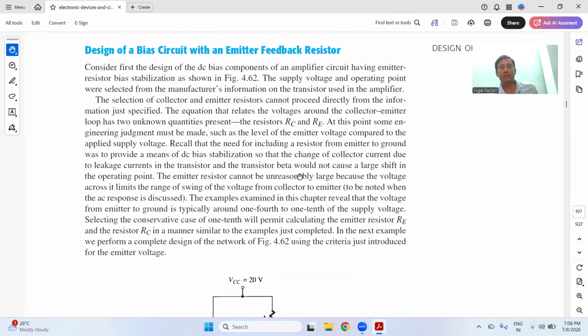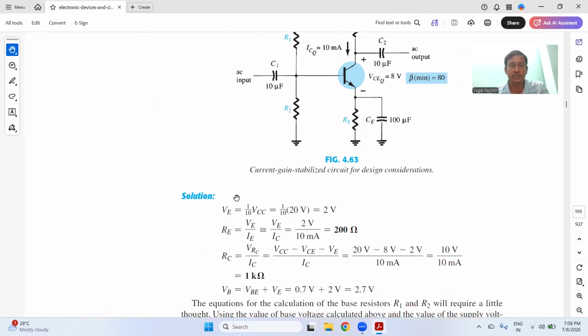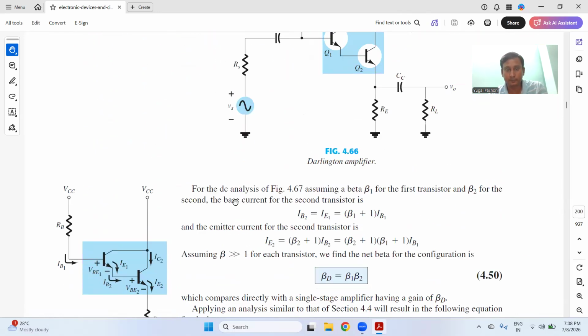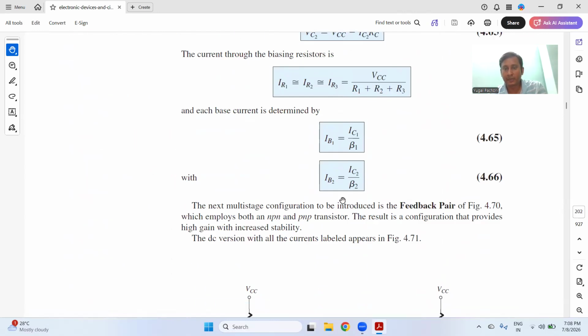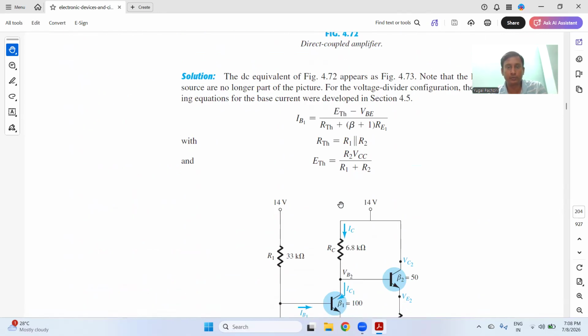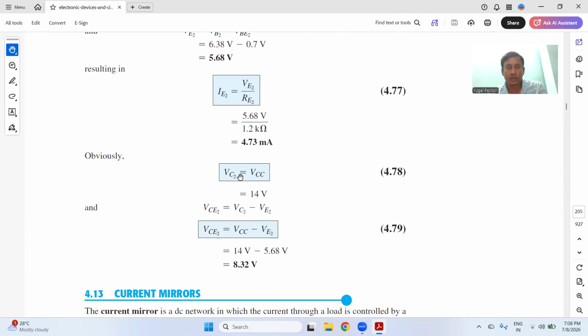So I think that's it for this part of the video. Now, with this, you might have understood the DC biasing of the BJT and multiple BJT. I'm scrolling because these are just examples. You can do it on your own by understanding the basics only.